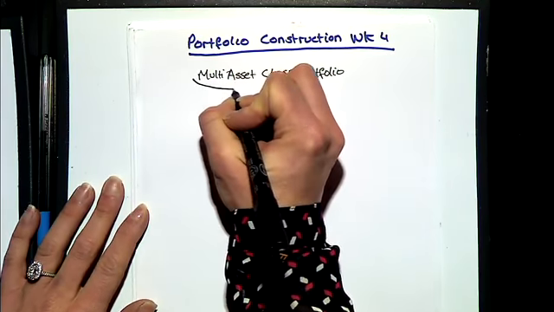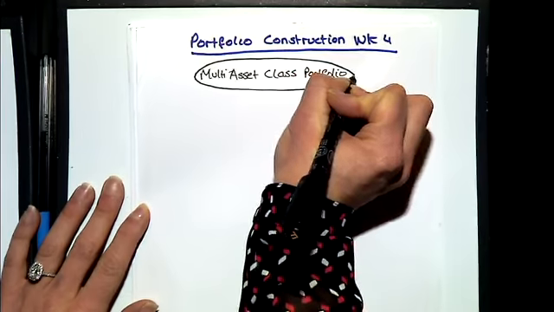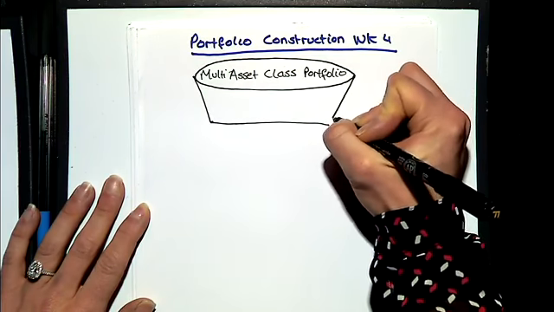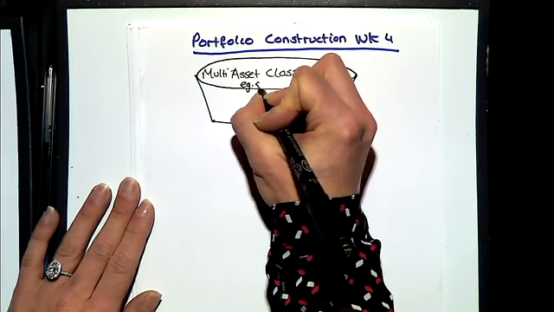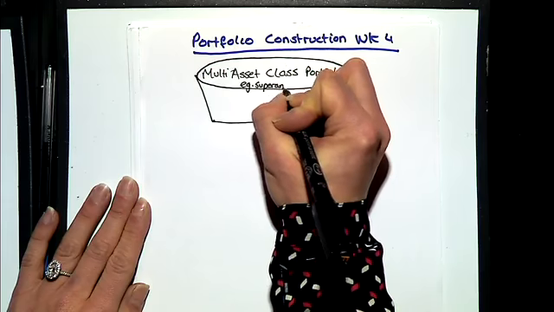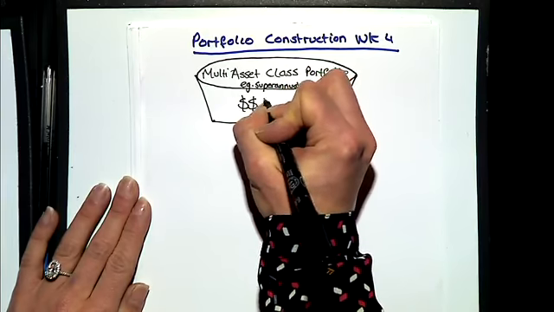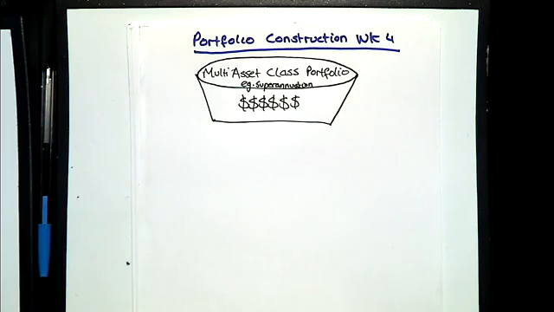If you think about a big bucket, this is a bucket of money from investors. This gave you an overview of what portfolio construction was and sketched out the weeks ahead.